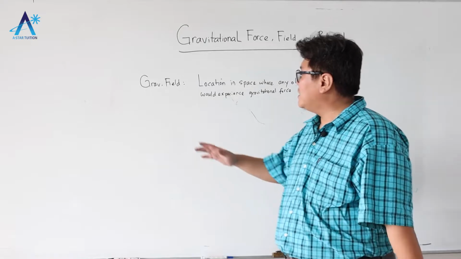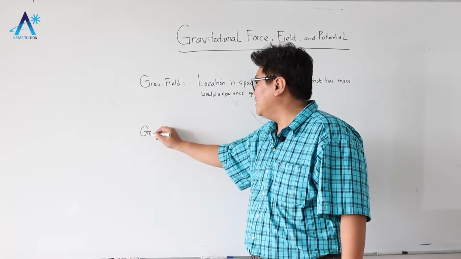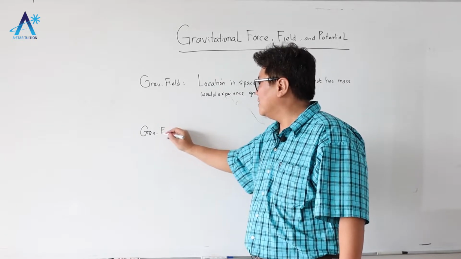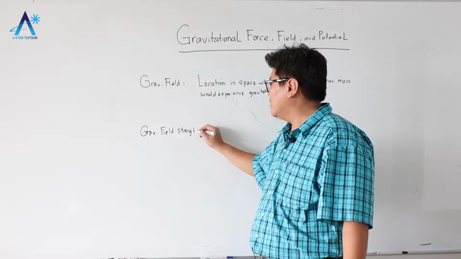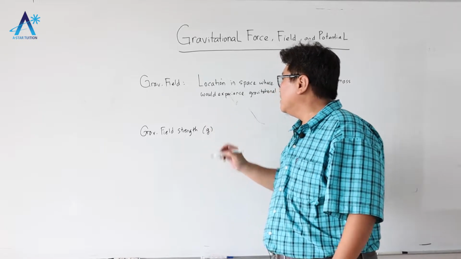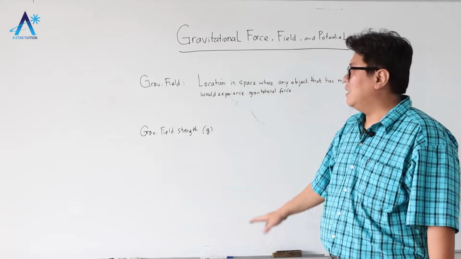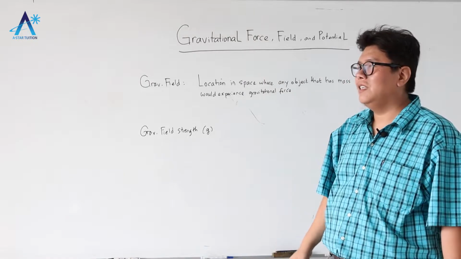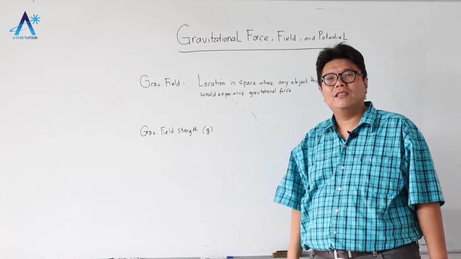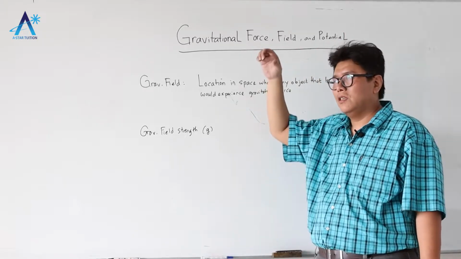Now, there is an associated quantity to gravitational field, which is called the gravitational field strength, g. This gravitational field strength is something that we already encountered when we discussed vertical motion in kinematics, and also when we discussed Newton's laws of motion, the weight.